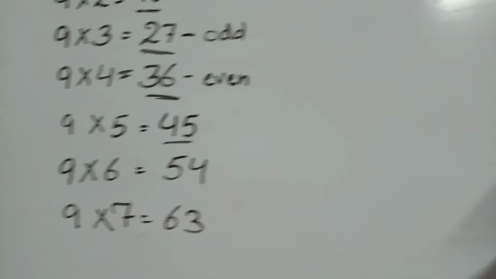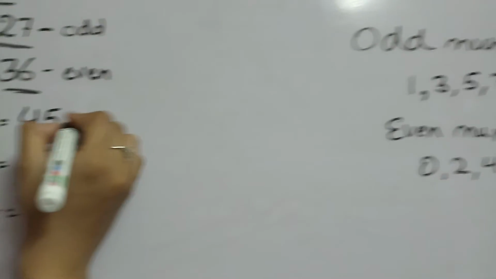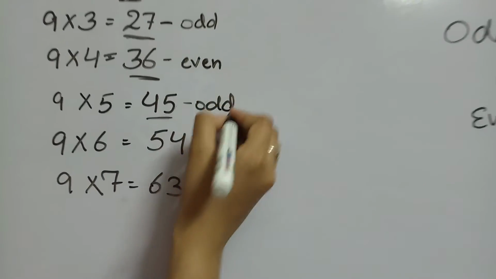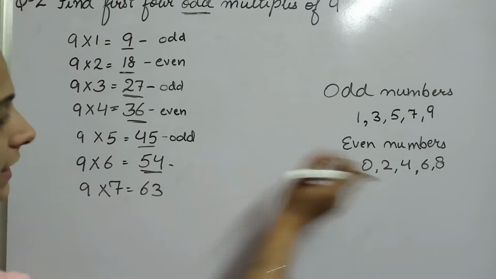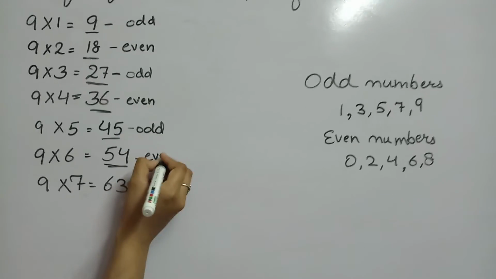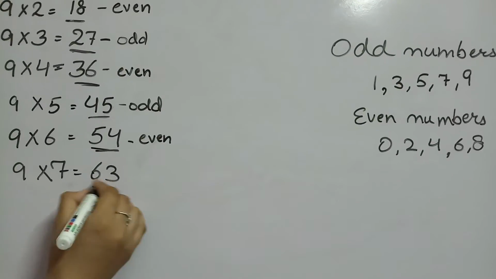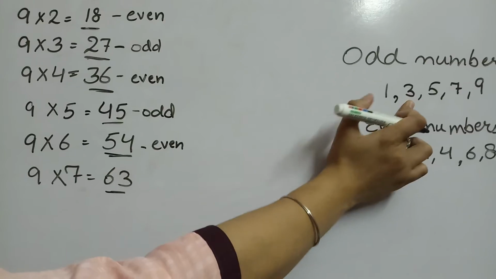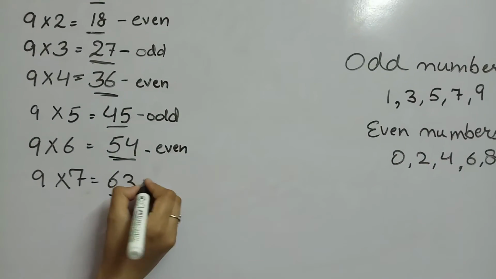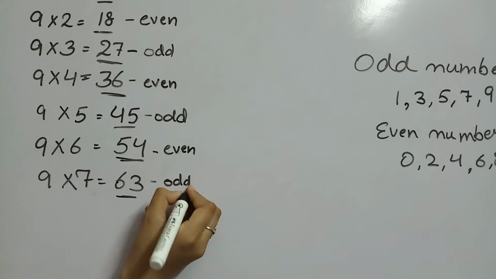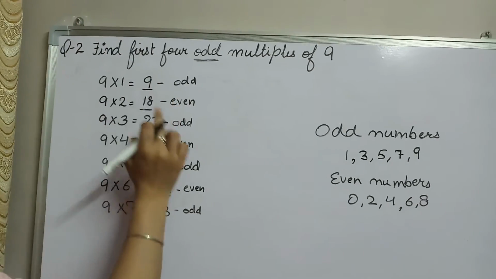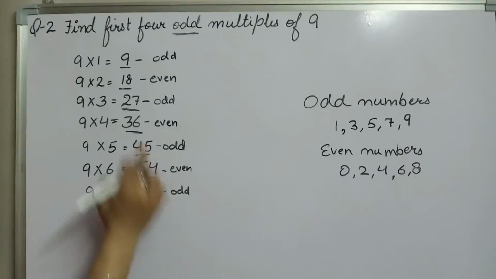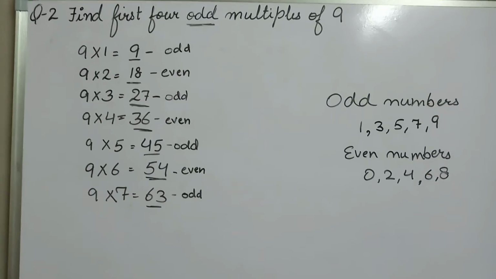It has 5 at its ones place, so it is odd. 54. It has 4 at its ones place, so it is even. 63. It has 3 at its ones place, so it is odd. So children, now how many odd numbers are there? 1, 2, 3 and 4. We have got our 4 odd numbers.